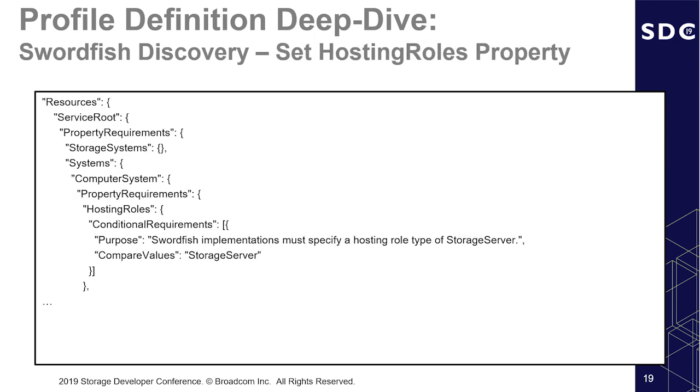Then we get into the hosting roles property. It was the first one on our list. What this does is it says in service root, storage systems, in the computer system, hosting roles, it's conditional. This conditional requirement basically says hosting roles must be set to storage server.